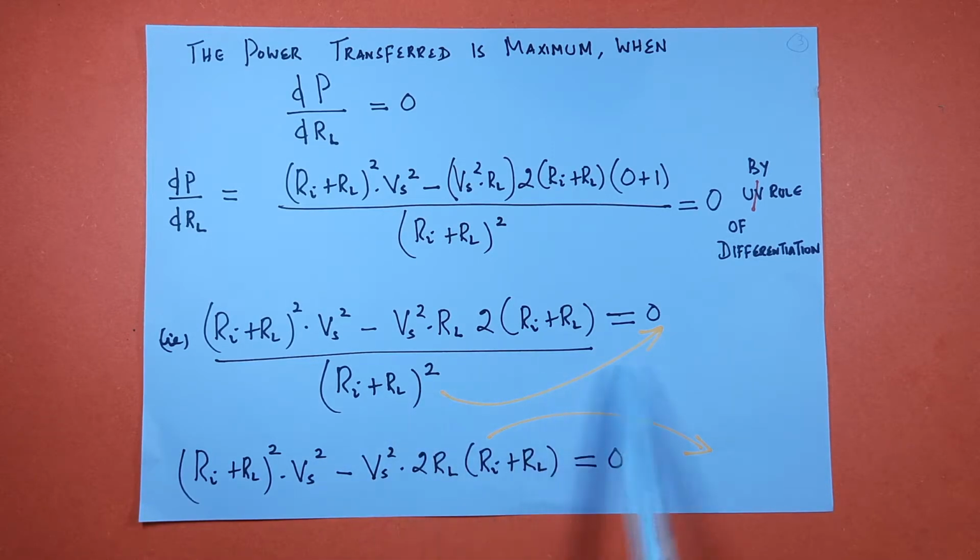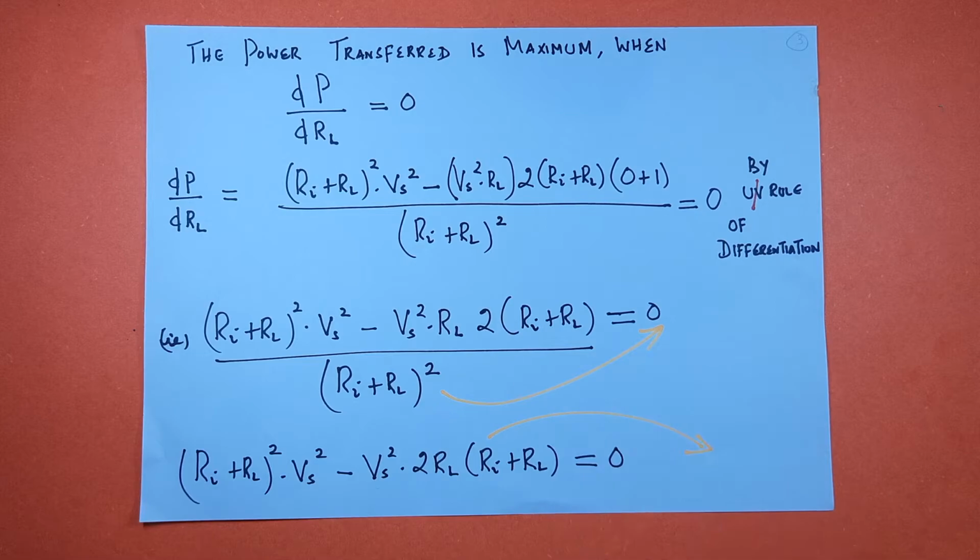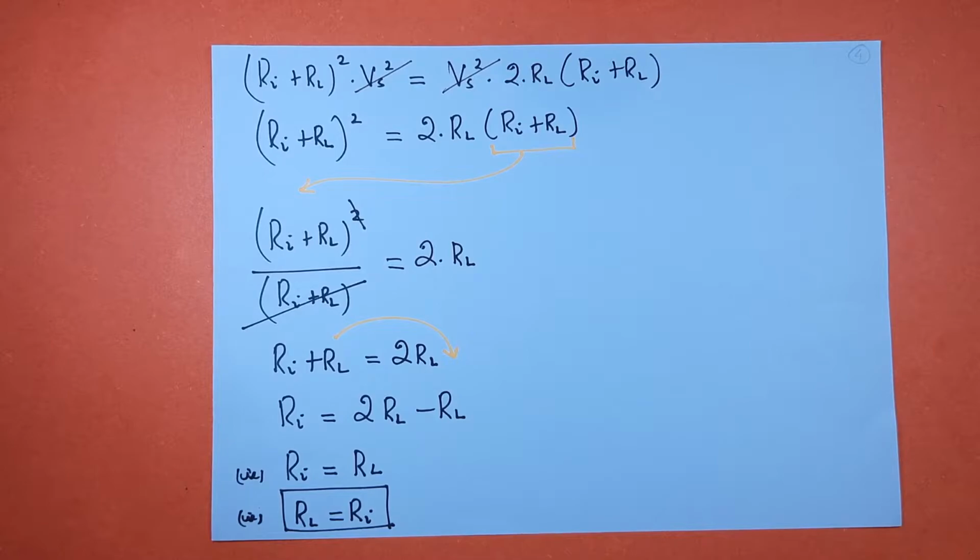Now take this denominator to the right hand side, so it will become 0. Ri plus RL the whole square into Vs square minus Vs square into 2RL into Ri plus RL. The second term you take to the other side.